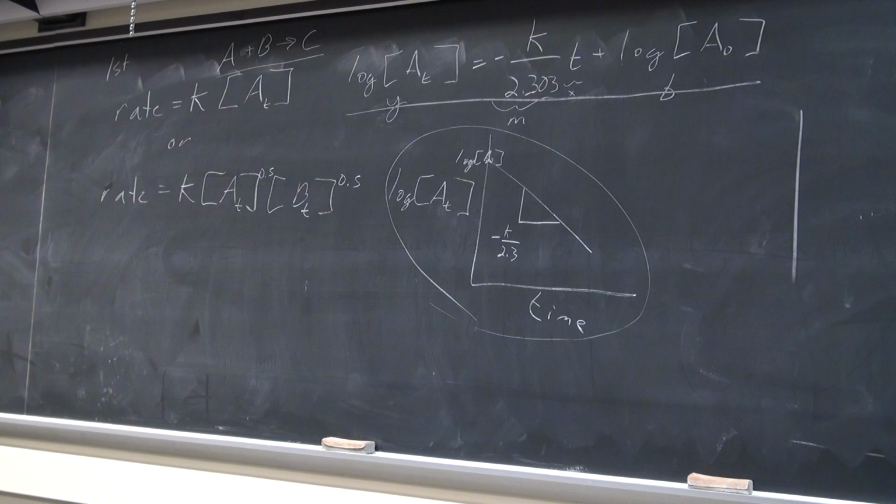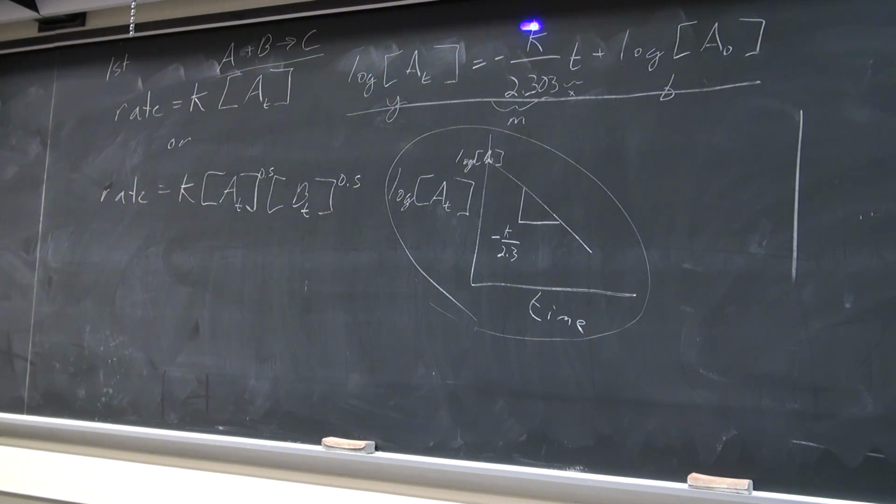And then this plot is very special, and it's derived from this equation right here. If you know the rate equation, or how the reactants change as a function of time, you can just think about how you linearize this equation.